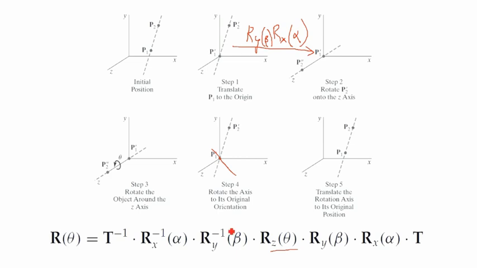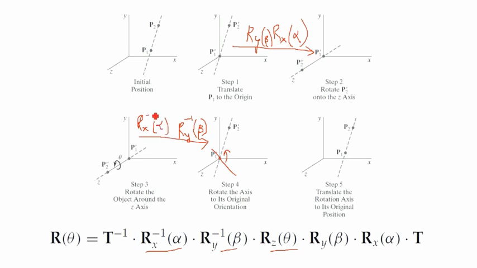So the first step that I would do here would be Ry inverse of beta, and then I'll have to perform a rotation to take it back from the xz plane to its original orientation. That is, we'll have to inverse our alpha rotation around the x-axis, that is our Rx of alpha inverse.